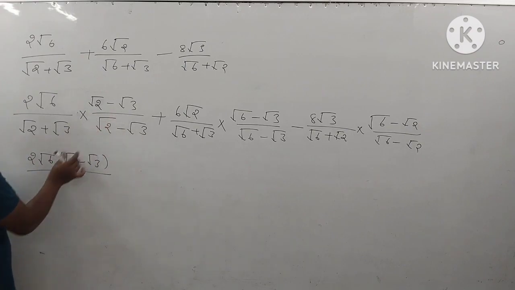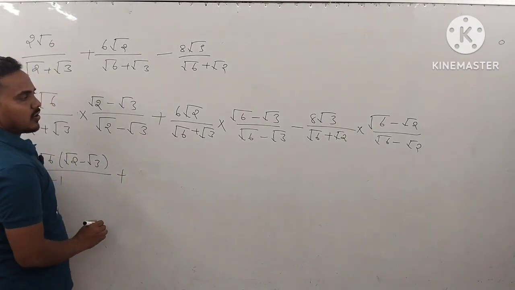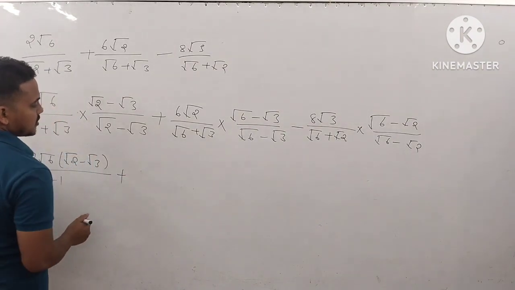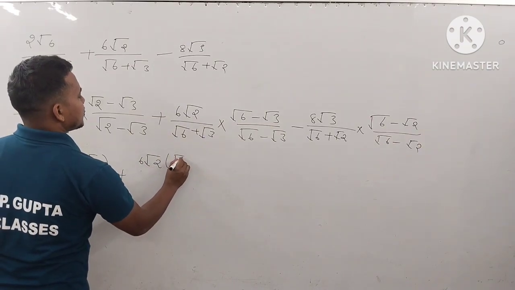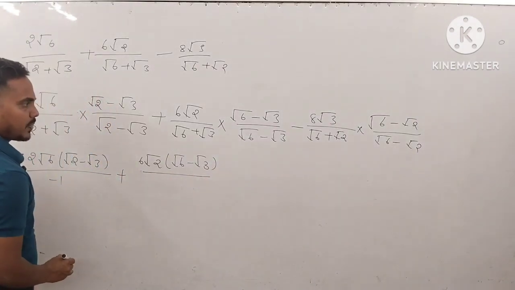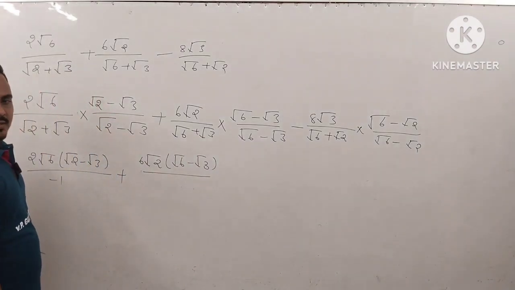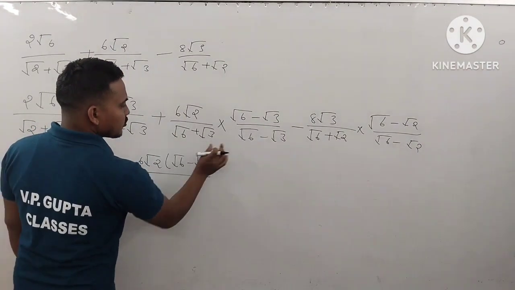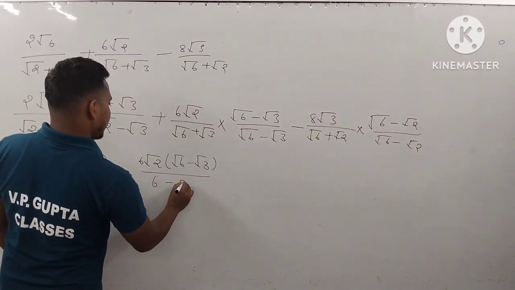This term is written as 2 minus 3 is equal to minus 1. The sign here is positive for the addition. 6 root 2 into root 6 minus under root 3 divided by, 6 is 36, and the square root of 36 is 6, minus 3.